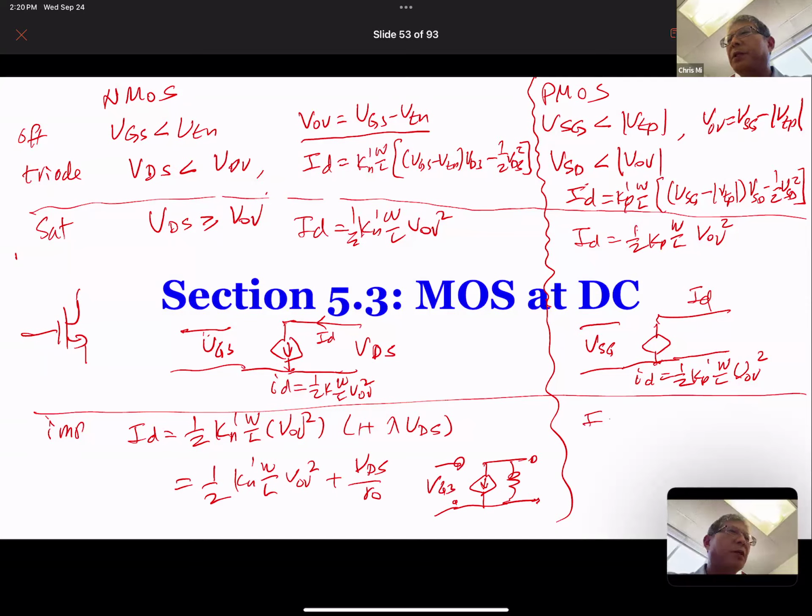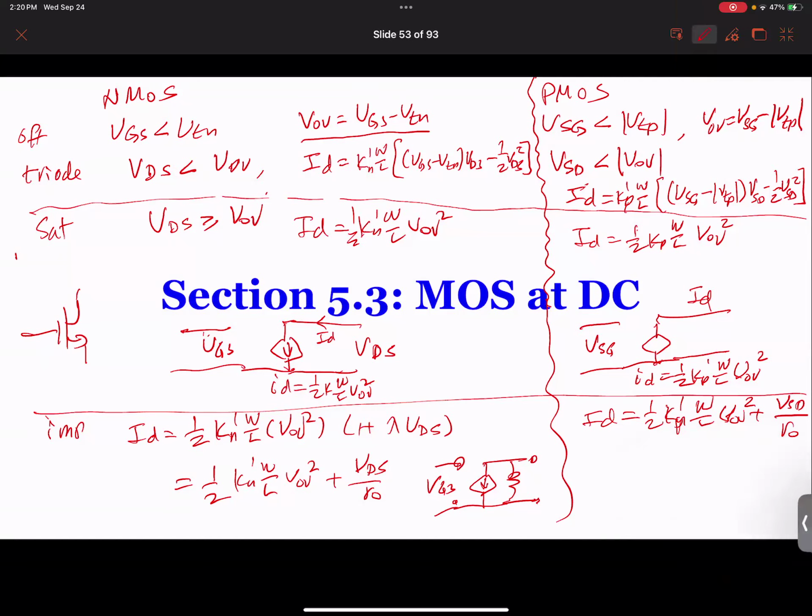That equation for PMOS is going to be very similar. The only difference is we use VSD instead of VDS, right?